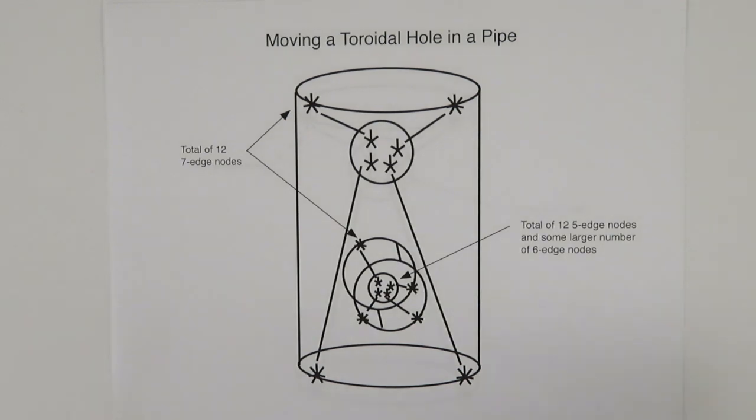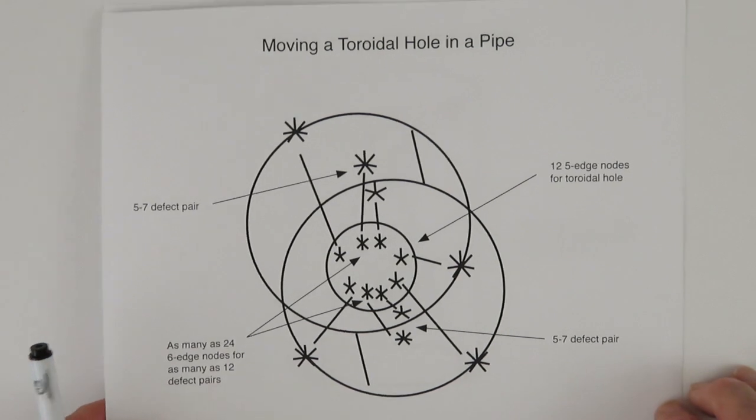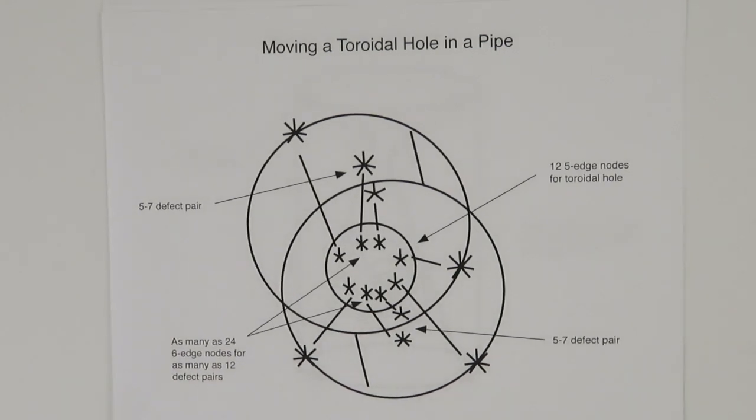If we then look only at the structure of the toroidal hole, the insight that I had just recently was that perhaps the EDS of the toroidal hole could be more complex than previously imagined.